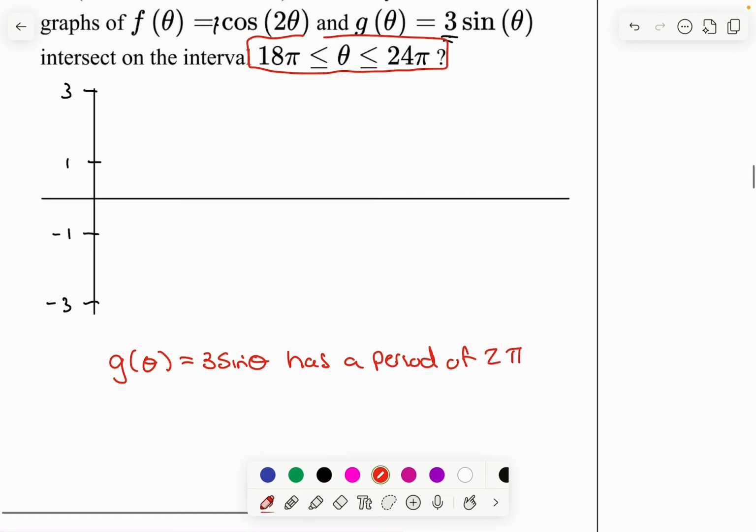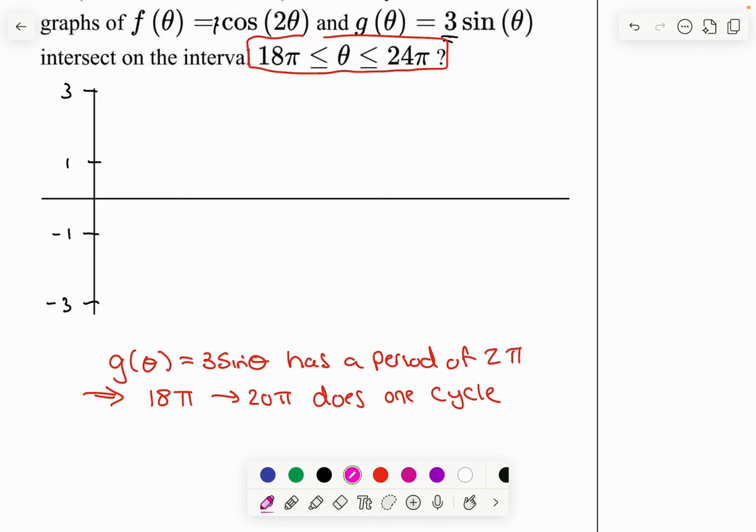That must mean that it's going to do a full repetition, one cycle, on the interval 18 pi to 20 pi. From 20 to 22, it's going to do another cycle, and from 22 to 24 pi, it's going to do another cycle. So we're going to do 3 cycles on this interval.